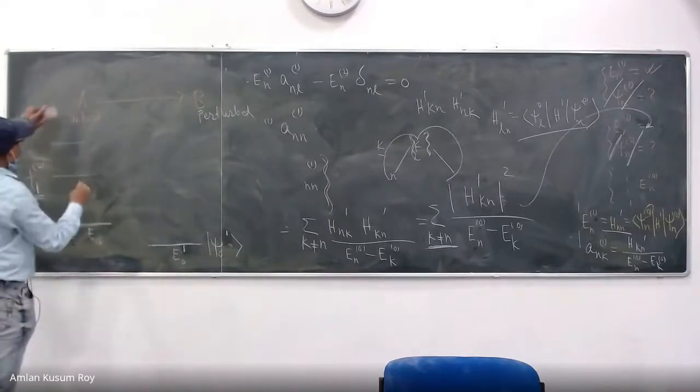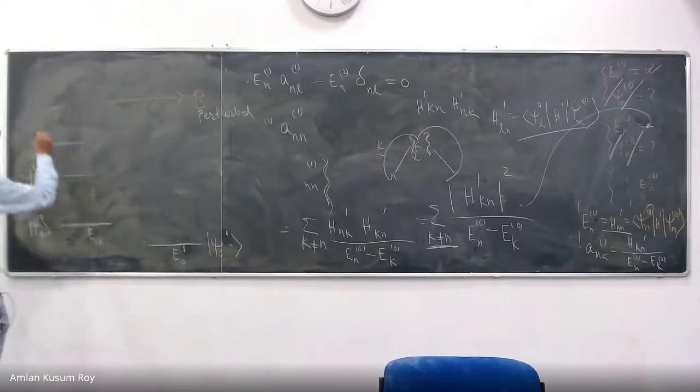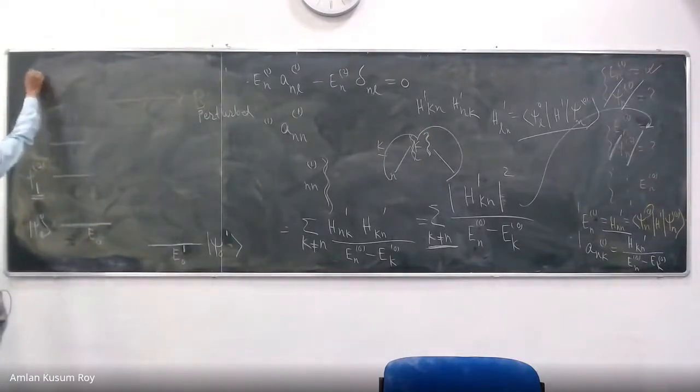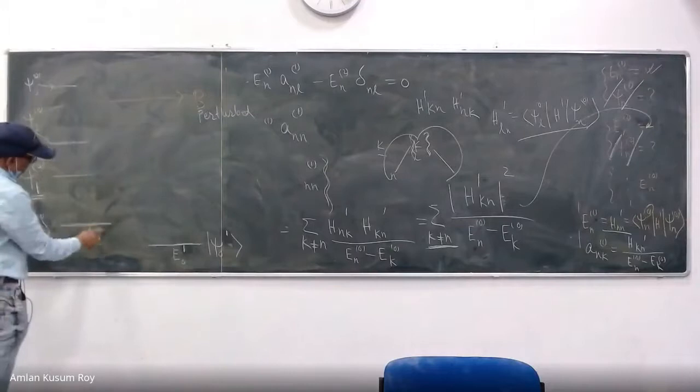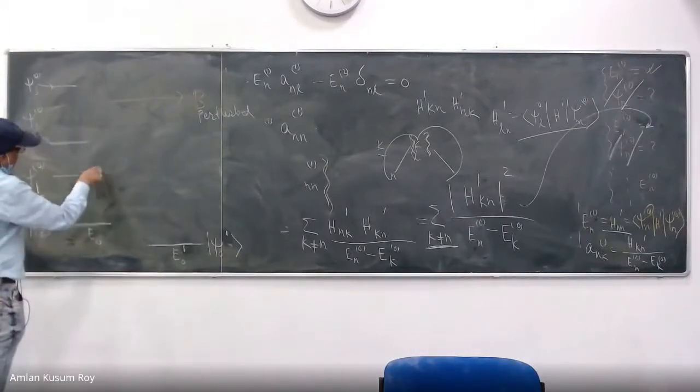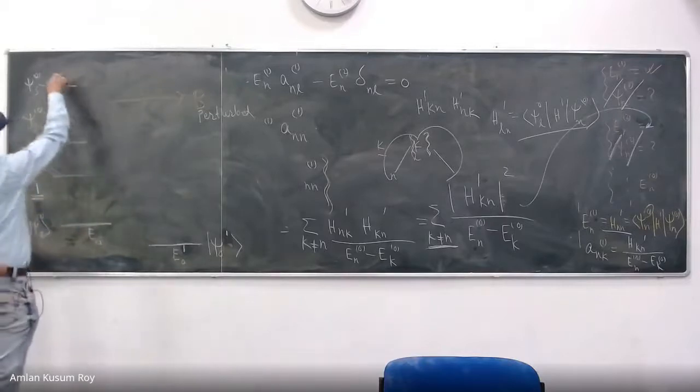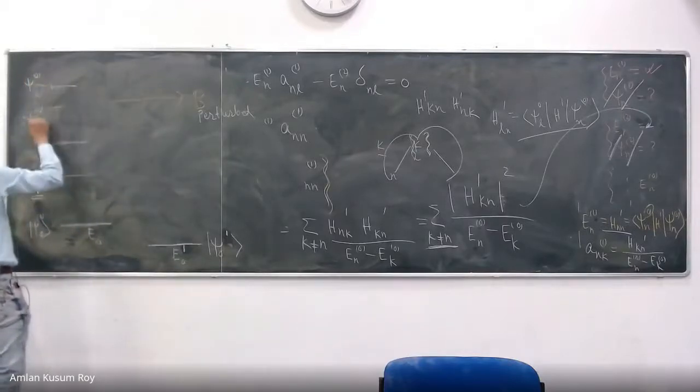So let us write. So this is psi 2 0. This is psi 3 0. That means the unperturbed wave functions in the 0th state, first state, second state, third state, just like this. So these are the state index.